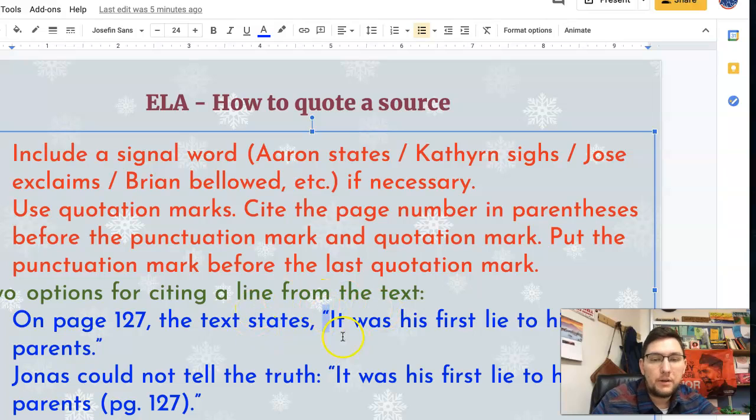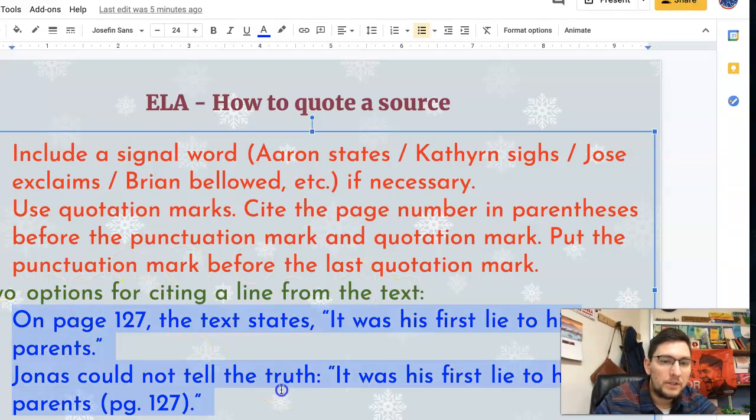So I just picked the quote, it was his first lie to his parents, which is on page 127. Now there's two ways that you can tell me what page it's on. You can start off by saying on page 127, the text states. This is a very formal way, the text states, of saying this is in the book. Okay, so these are two different ways to quote it was his first lie to his parents.